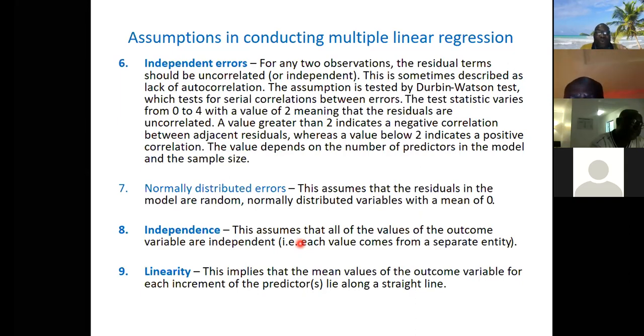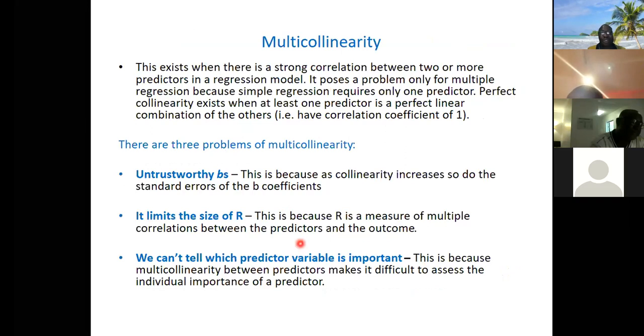This assumes that the residuals in the model are random and normally distributed with a mean of 0. Independence: this assumes that all the values of the outcome variable are independent. The same assumption is true for any parametric test. Linearity: this implies that the mean of the outcome variable for each increment of the predictor lies along a straight line, so there's a linear relationship.